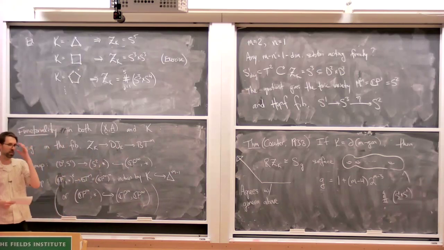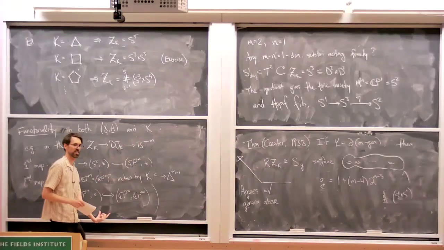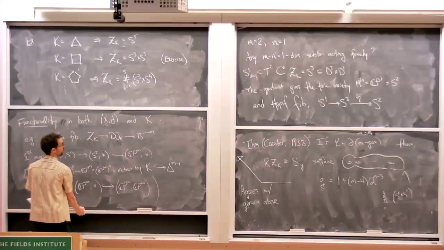Right, that would also induce the inclusion into BT^m, I suppose. Unless K is a simplex. Well, if K is a simplex, this is just already BT^m, and that becomes the identity. Yeah, so everything is as functorial as you could hope.